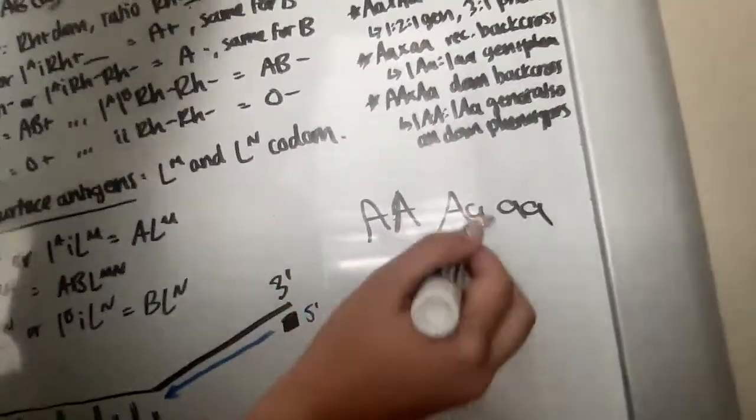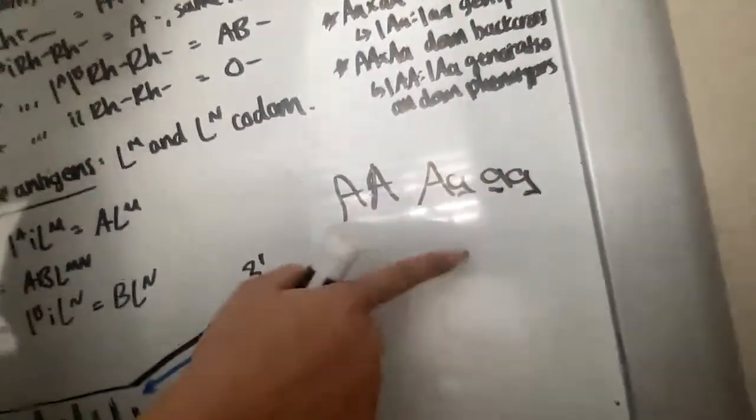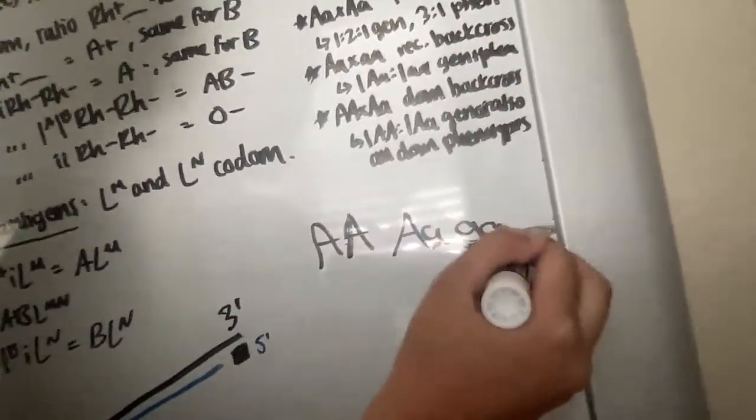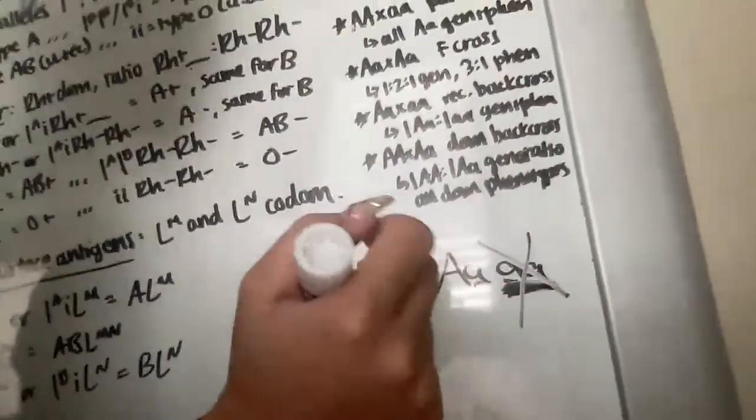So a recessive lethal allele means this is going to be the allele that is recessive, right? If you get this genotype, it's going to be lethal, meaning you're going to die.